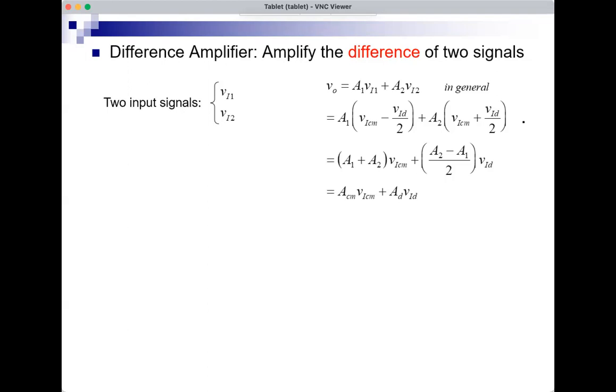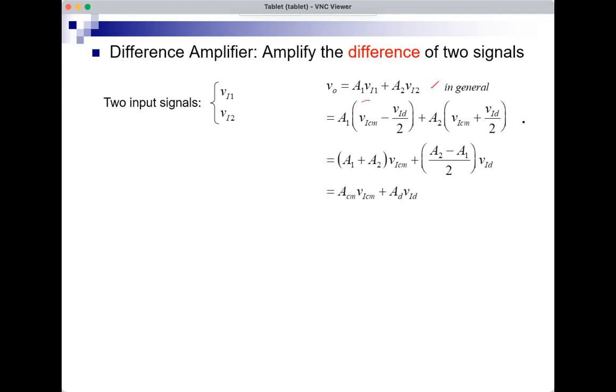Linear circuit, two inputs, the output would be some A1 times VI1 plus some A2 times VI2. I'm not saying that A1 and A2 are gains or larger than one, whatever they are. Any two numbers, if I have a linear circuit, two inputs, one output, this would apply. Output would be some A1 times the first input plus some A2 times the second input.